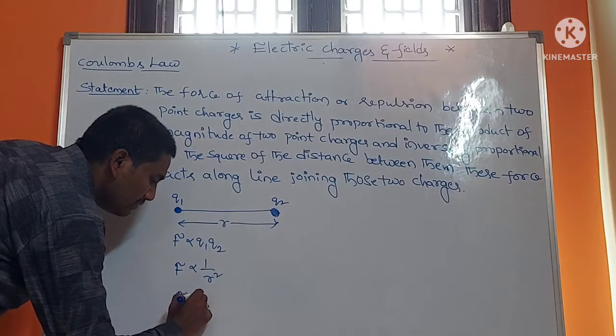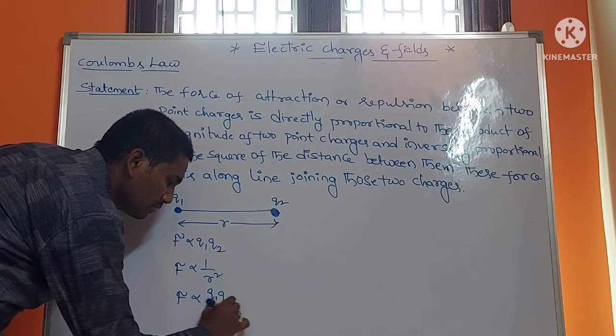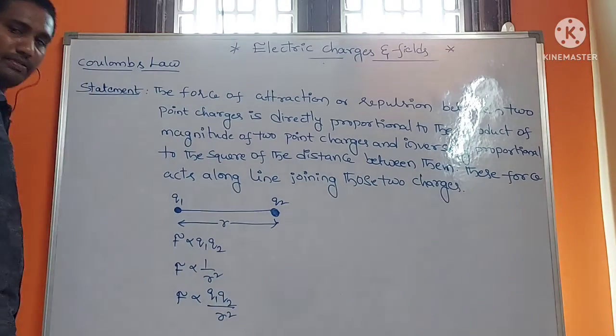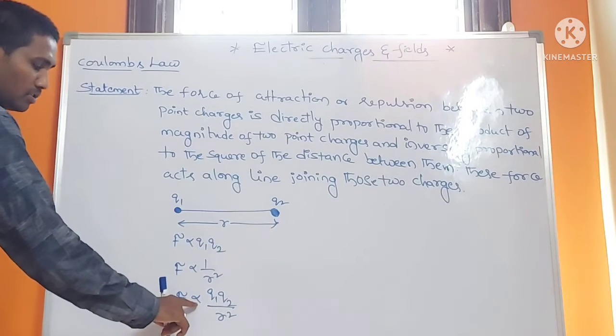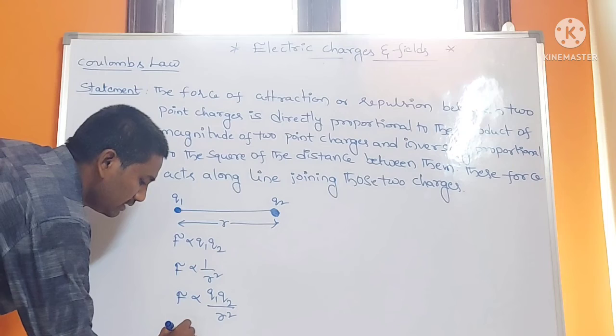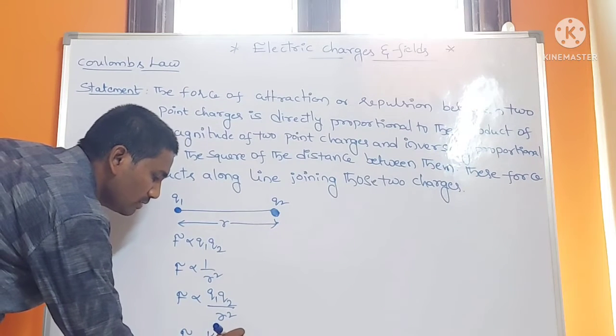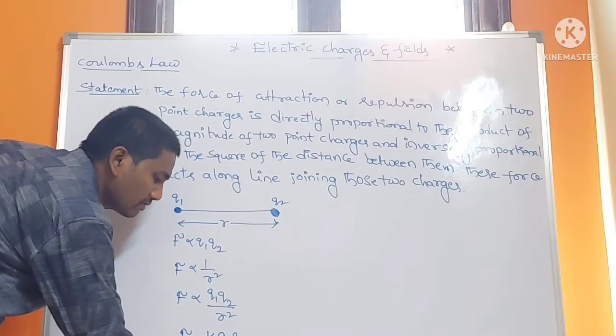Now, F is directly proportional to Q1 Q2 and inversely proportional to R square. To remove the proportionality, we introduce a constant. Here F is equal to K Q1 Q2 by R square.